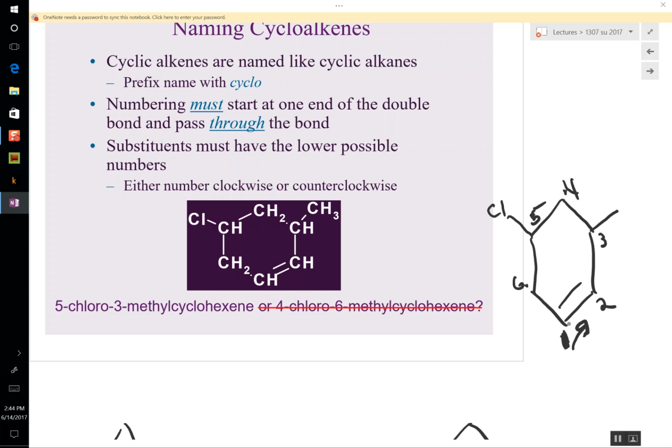Substituents must have the lowest possible numbers. Sylvia, that would probably come into play in a situation where if you went one way, you got to the methyl on number 3, you went another way, you got to the chloro on number 3, and you'd give precedence to the chloro.